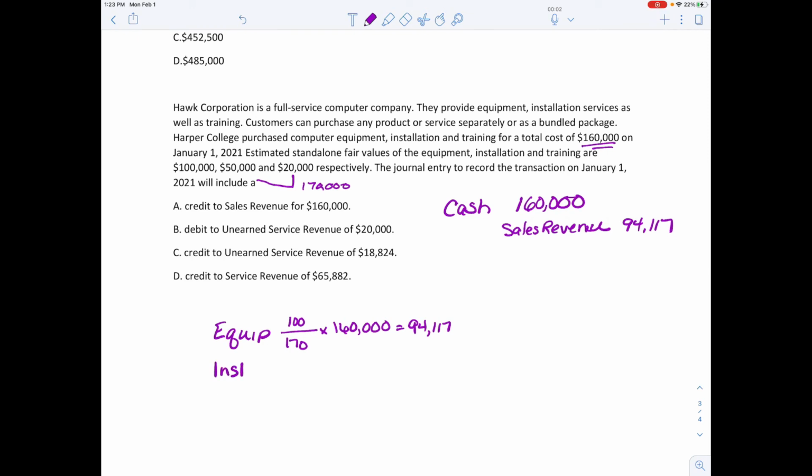The second part I'm going to calculate is for the installation. The installation is $50,000 of the $170,000. I multiply that by the $160,000, and you get $47,059. Now that install is a service revenue. These two revenues are recognized because the customer has control over these now at this point.